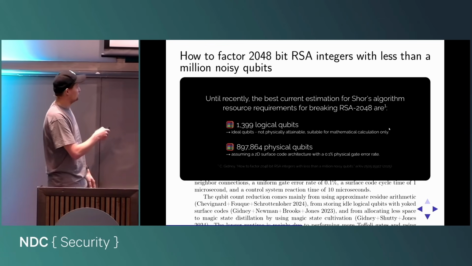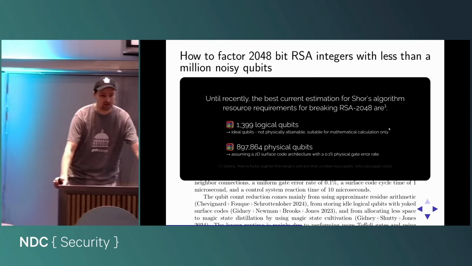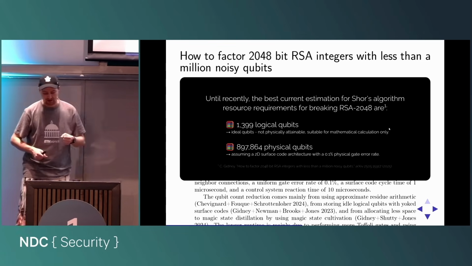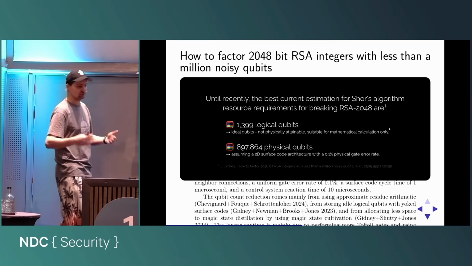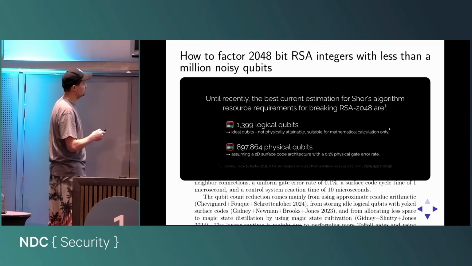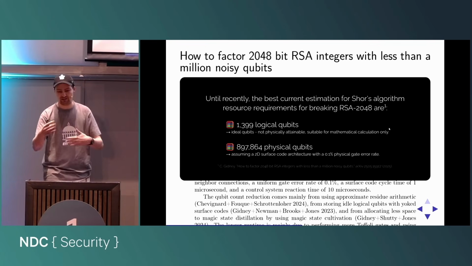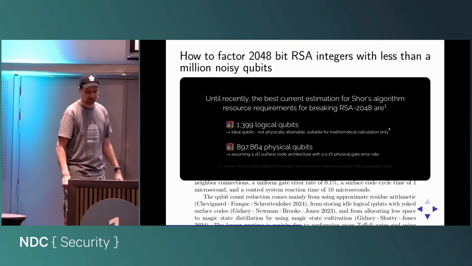But this is not physically attainable, right? Because quantum computers make a lot of errors because they are very susceptible to environmental noise. And so what normally has to happen is that you have to apply an error correction code. In this paper, he assumed the so-called 2D surface code architecture, which is a standard way of doing error correction, with a 0.1 error rate.